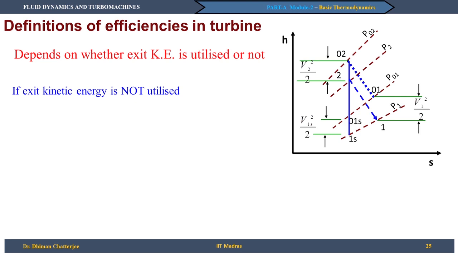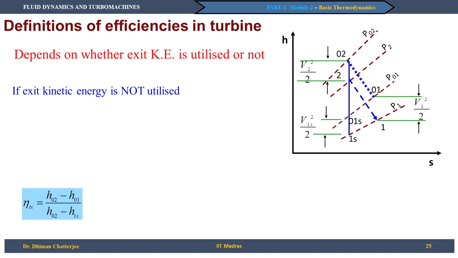That means some energy has not been extracted from the fluid, and that means our efficiency should be differently noted, and this is given as eta Ts, which is H02 minus H01, because that is the actual energy available to the turbine, whereas the ideal world will say that ideally there is no energy coming out of the fluid, and hence ideally the fluid should have come out at H1s, and hence the energy that will be available ideally should have been H02 minus H1s, because the fluid should not have left with any kinetic energy.